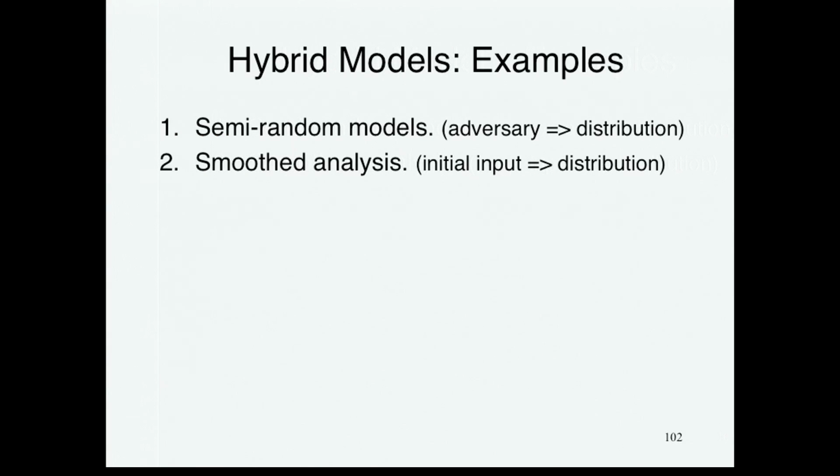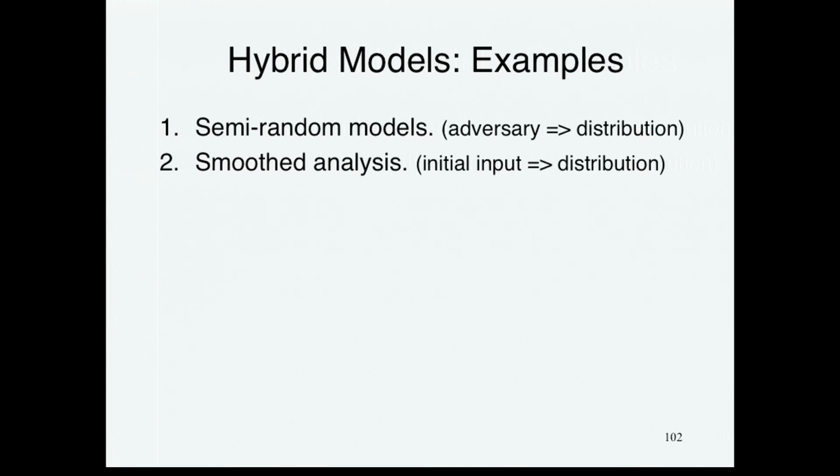To tell you how it's a hybrid model, I just have to tell you the distributions. So think about planted clique, for example. We have this initial input distribution, which is just nature, the Erdős-Rényi graph of the planted clique. And then we have this monotone adversary. The monotone adversary just maps each possible output of nature to another graph. So if you combine a monotone adversary with nature, you get an induced distribution over graphs. As you vary over all monotone adversaries, you vary over all distributions you have to handle in the semi-random planted clique model.